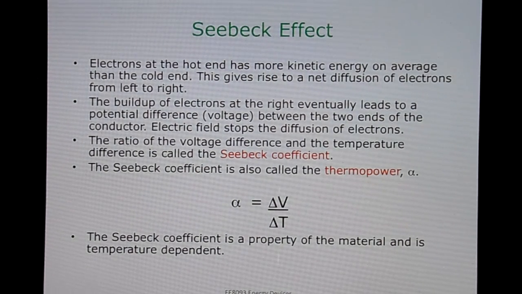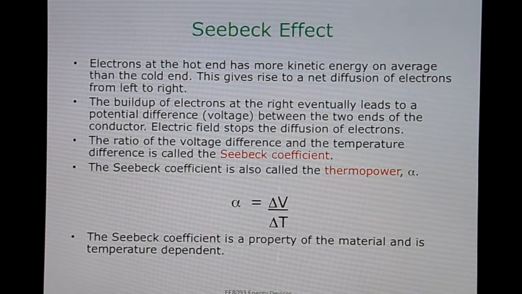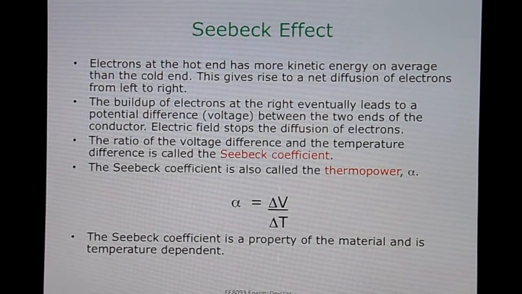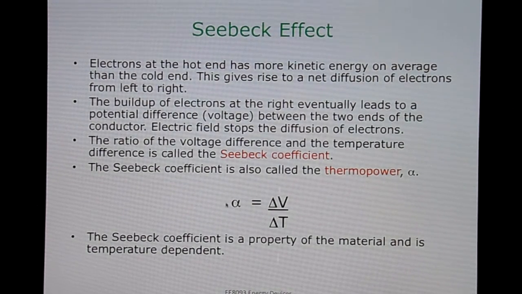Now the ratio of the voltage difference and the temperature difference is called the Seebeck coefficient. The Seebeck coefficient has another name, and it is called the thermal power. It's given the symbol of alpha. So we can use this equation to define the thermal power or the Seebeck coefficient.